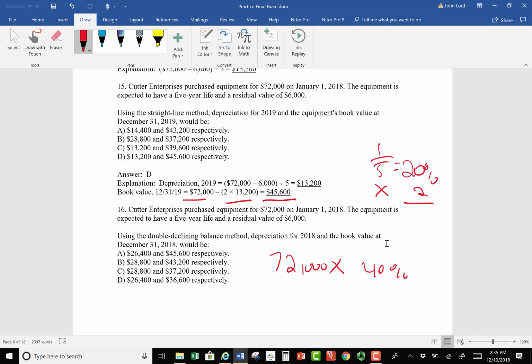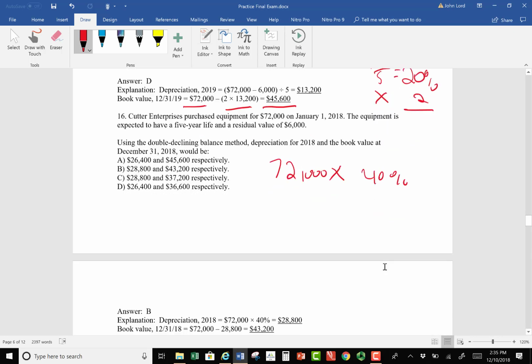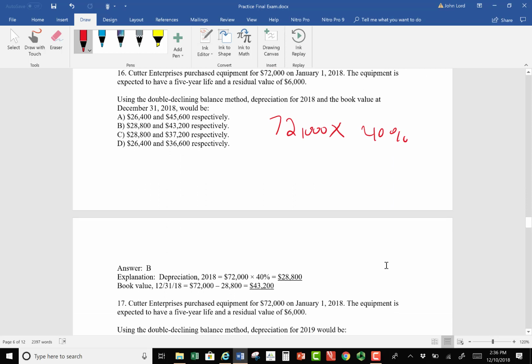Now look, guys, is it always 40%? It is not always 40%. I had a student make that mistake. So 28.8 is the depreciation for year 1, 2018, minus the depreciation for year 1 gives me a book value at the end of year 1 of 43,200.